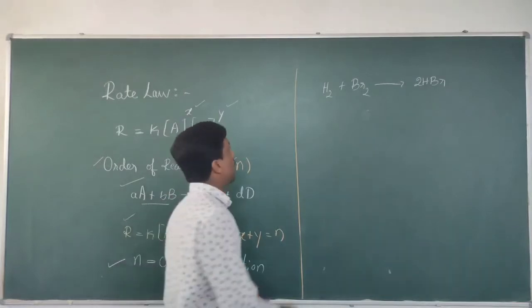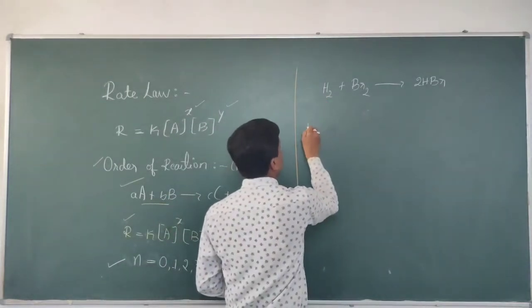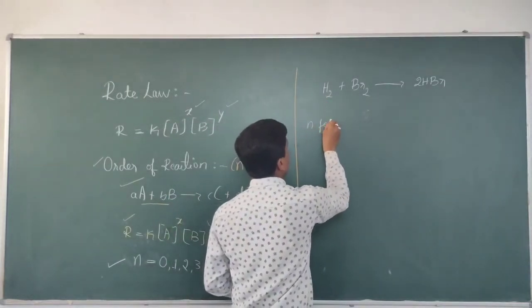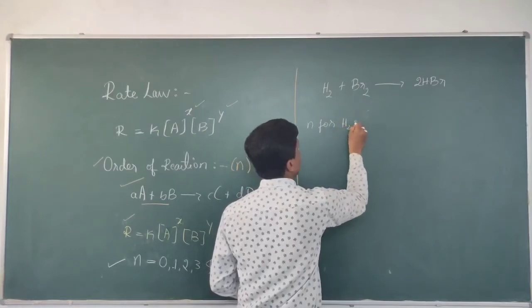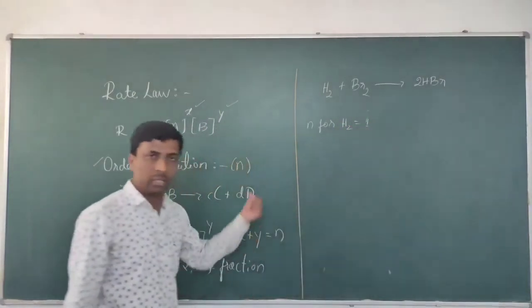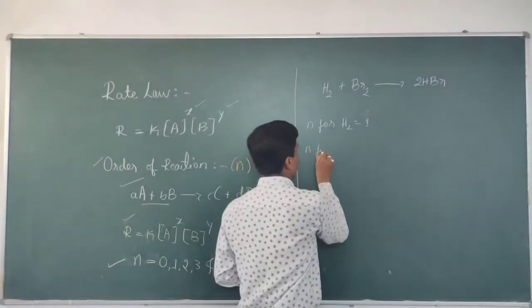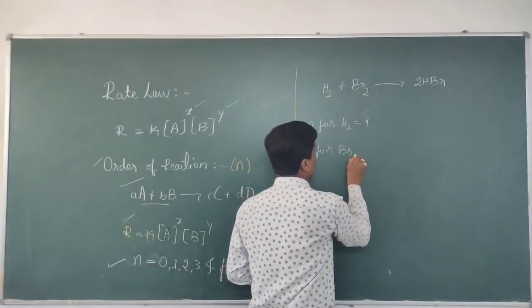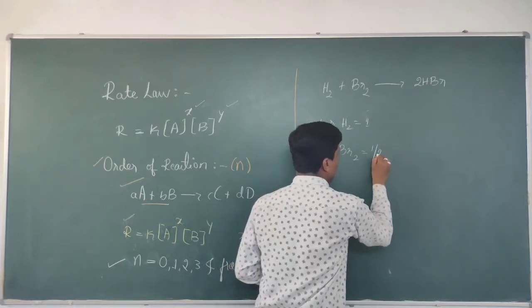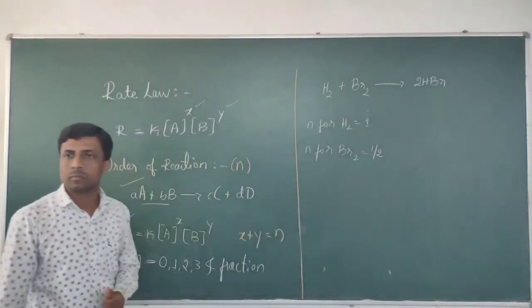Okay, order of the reaction: n value for hydrogen is equal to 1 actually in this reaction. Experiment ಮಾಡಿದಾಗ ಗೊತ್ತಾಗ್ತದೆ. Okay, and n for Br2 is 1/2, fraction ಮಾಡ್ಕೊಳ್ಳೋದು.